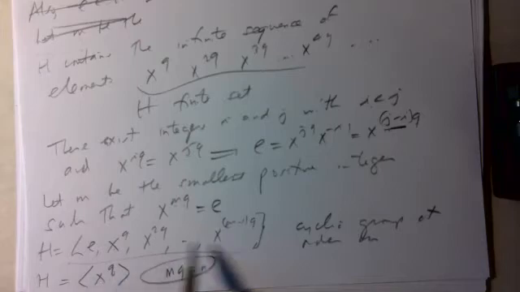Well, this group has order m. M divides n because the order of a subgroup divides the order of the group. And mq is equal to n.